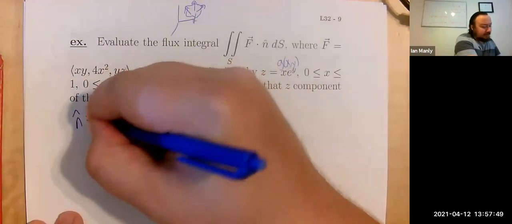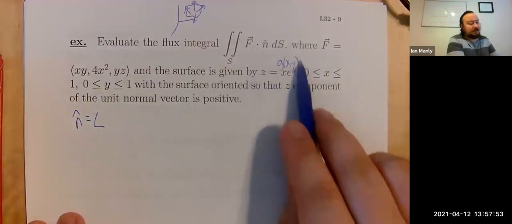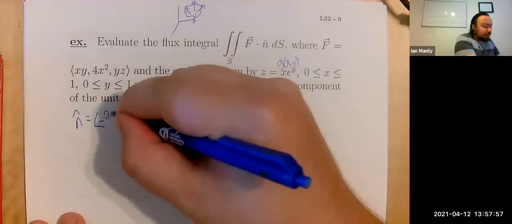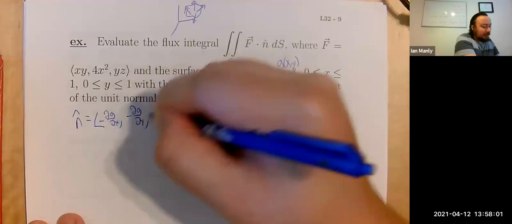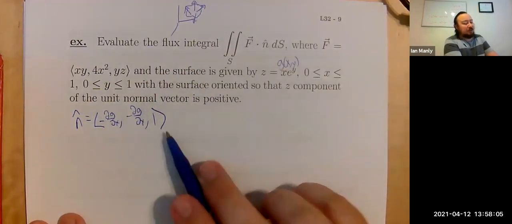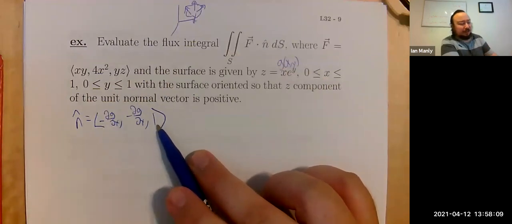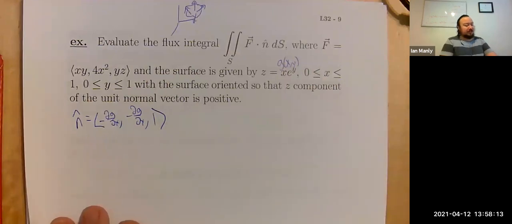If you recall from last class, we had a special formula for the normal vector to surfaces given by a function of x and y. This was negative partial g partial x, negative partial g partial y, and 1. Already we see that our z component will be positive because it will be 1, so we don't need to multiply by a negative sign or anything like that.